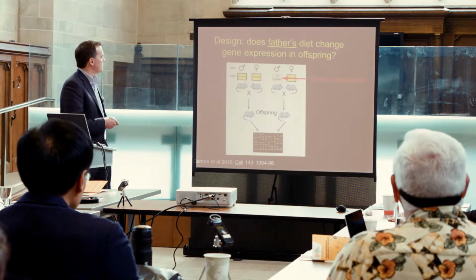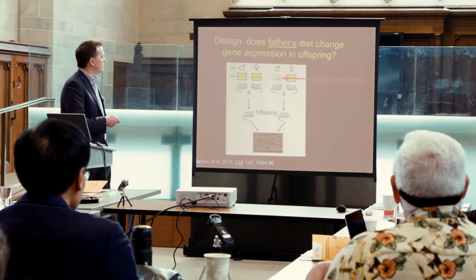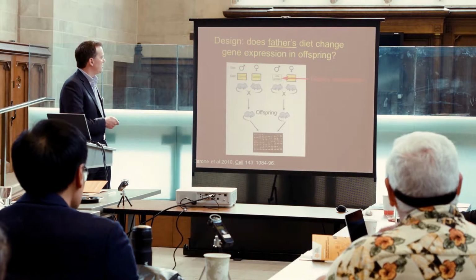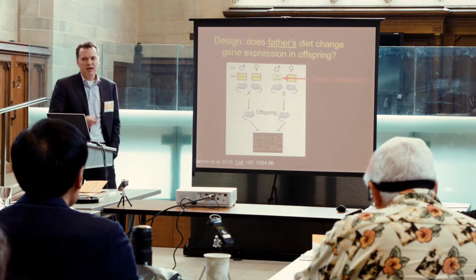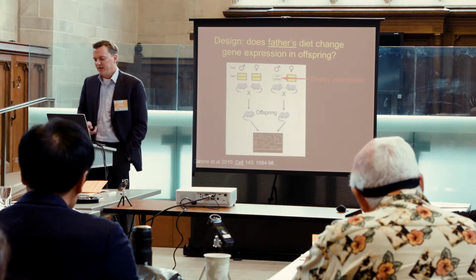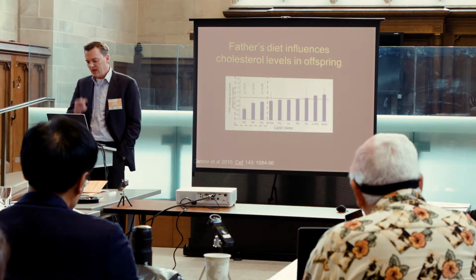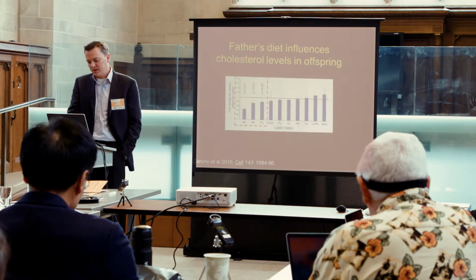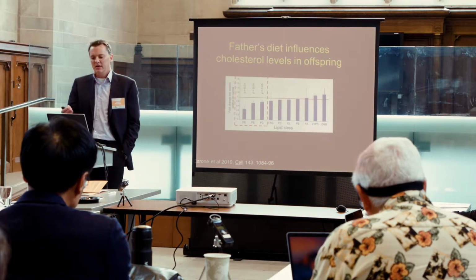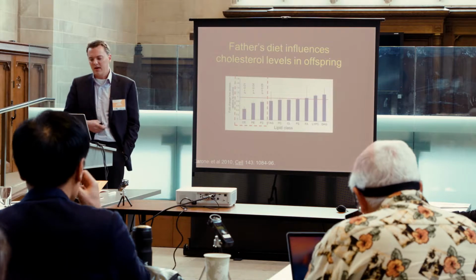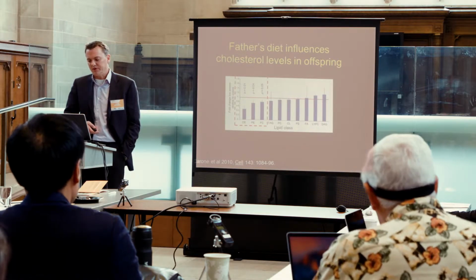So here's some examples of that from animal model work, where they modified the protein intake of a male rat, right? And then they crossed them with a control, and then they looked at offspring gene expression. And what they found, and they're looking at cholesterol levels. So this is free cholesterol, cholesterol ester. This is in the liver. You can see that there are changes, right, in relation to the control animals.